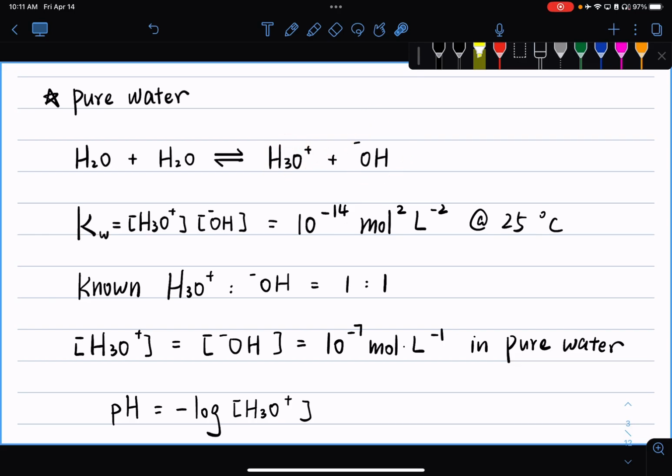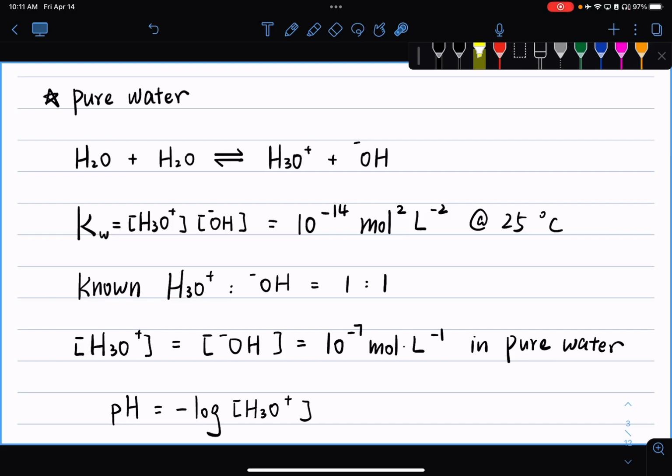OH minus is the conjugate base of water. So here, people define that Kw to be the H3O plus concentration times the OH minus concentration at 25 degrees Celsius, and the Kw can be measured to be 10 to the negative 14 mole squared per liter squared.